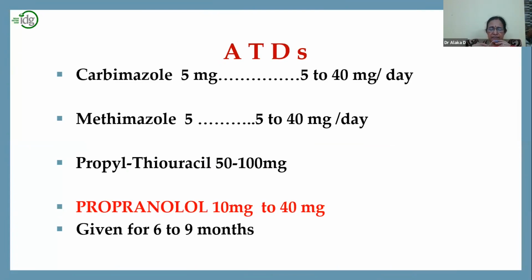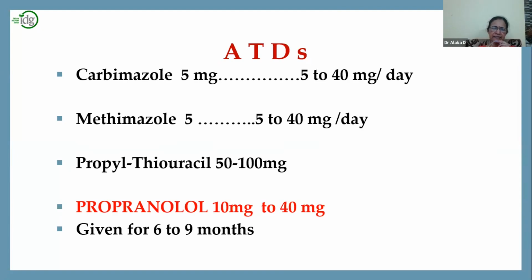Along with that, because these hyperthyroid people have a hypersensitive sympathetic system, there is a tremulousness, there is a palpitation, there is increased bowel movement. And to control that, we have to give beta blockers. The preferred beta blocker is propranolol, 10 milligrams to 40 milligrams per day.